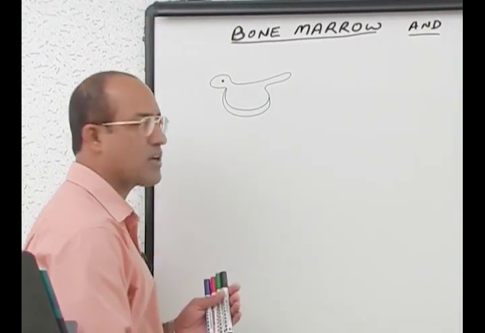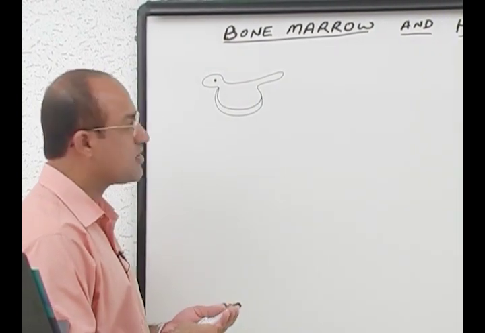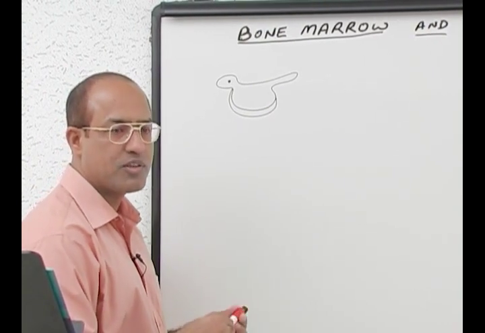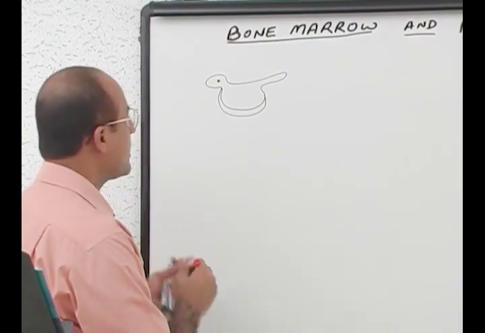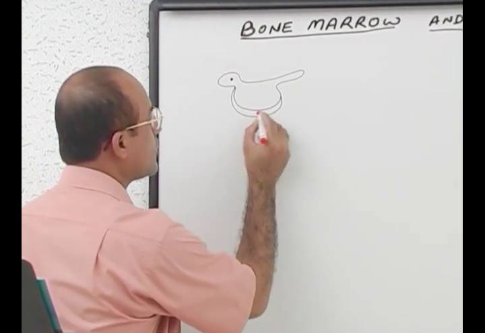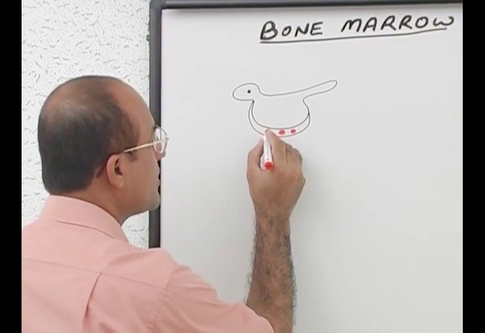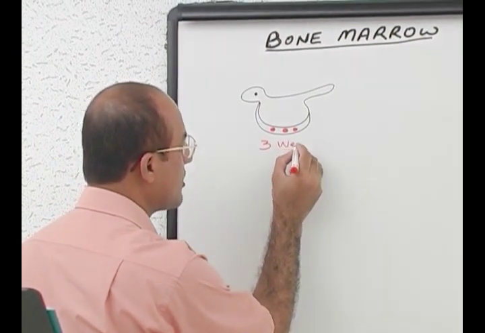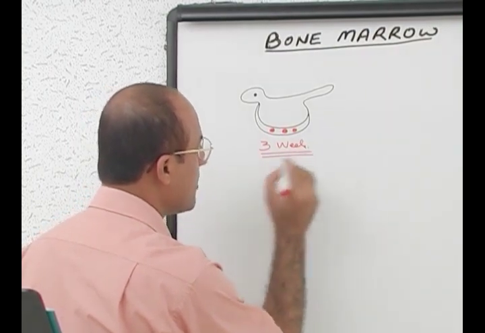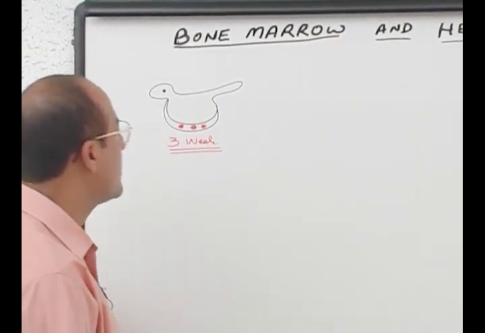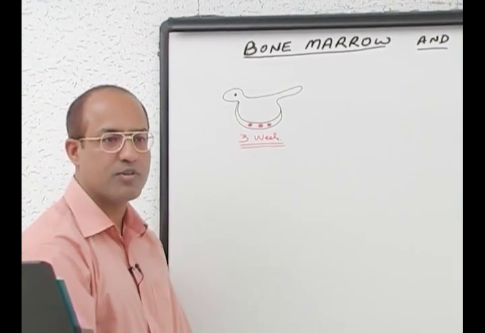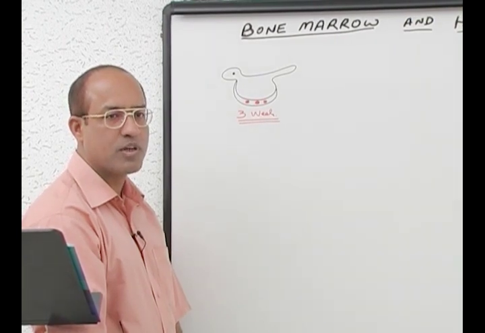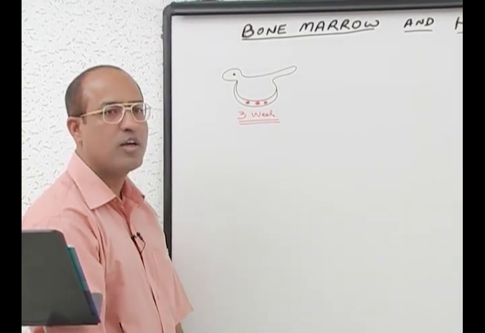In the fetal life, or rather embryonic life, very early life, the cells which are responsible for the function of hematopoiesis first appear in the yolk sac, around the third week of gestation, third week of embryonic life. In the yolk sac, certain stem cells appear, and when these stem cells multiply, they lead to the formation of RBCs, WBCs and platelets.